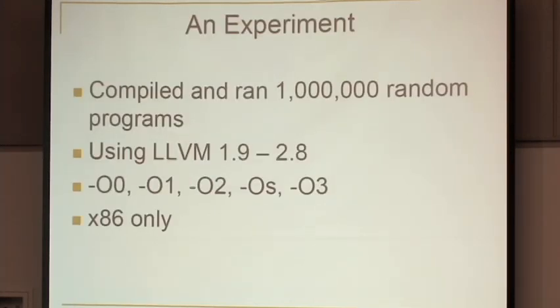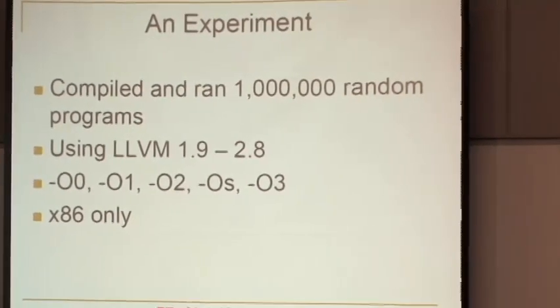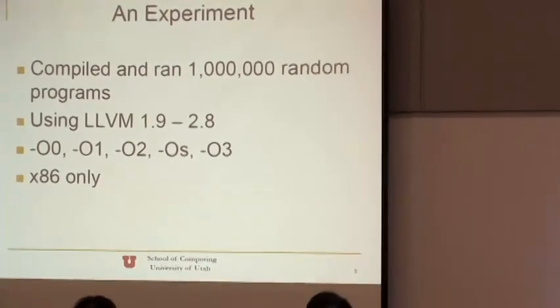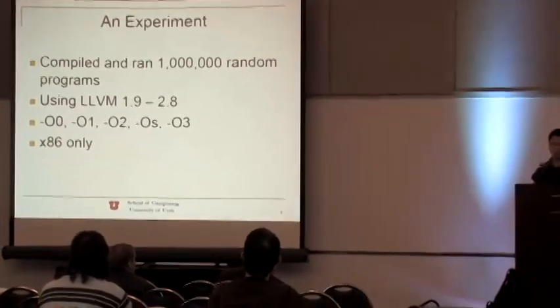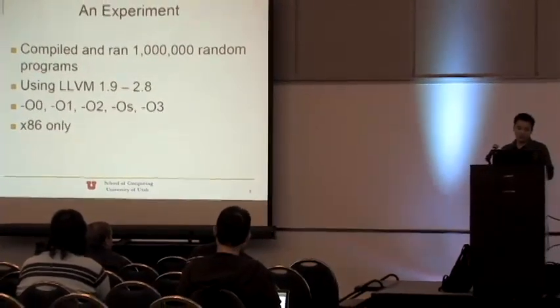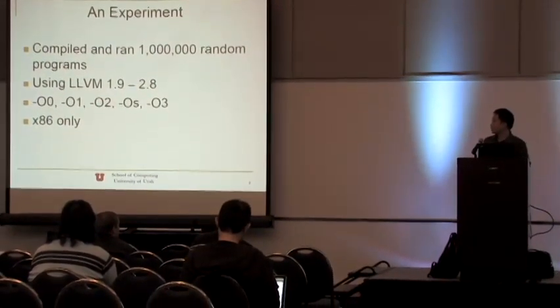To evaluate how effective this random differential testing is, we have run an experiment. We use our random generator to generate 1 million test cases. And we compile them on x86 machines with LLVM from 1.9 to the most recent release 2.8, at different optimization levels.